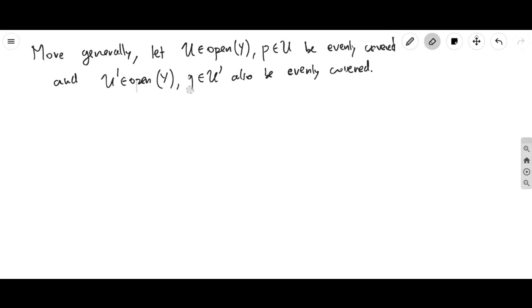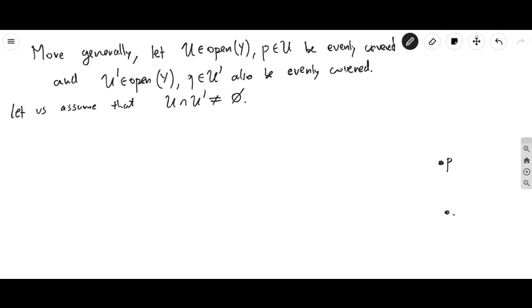So we're going to make another assumption just to make the proof a little bit easier. So now let us assume that U intersect U prime is not empty. So here's a picture to help see what's going on.